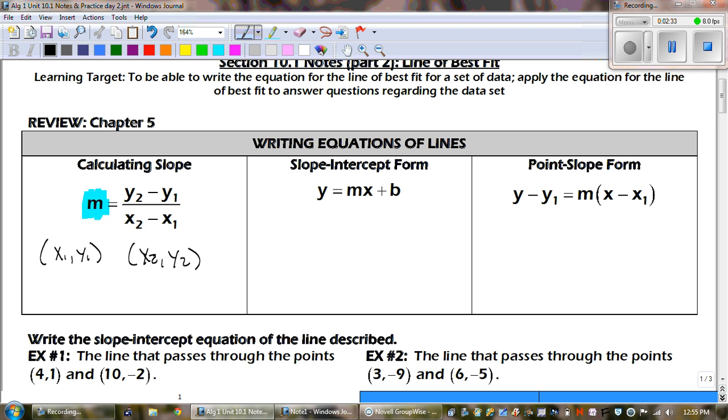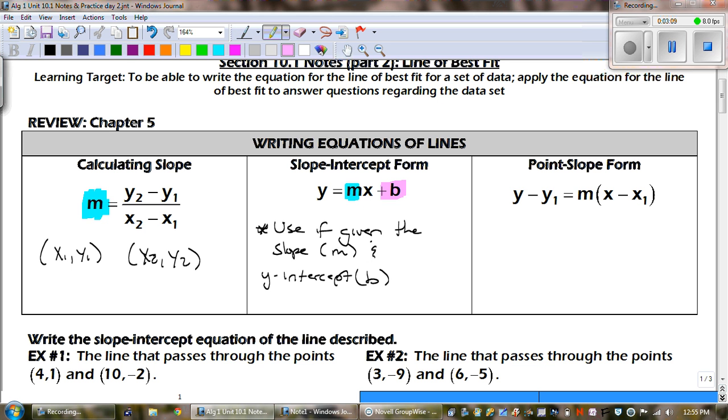Another thing we need, when we're graphing, is slope-intercept form. That means y equals mx plus b, where m is our slope. We would use this if we're given the slope, and remember the slope is m, and if we're given the y-intercept, which is b.